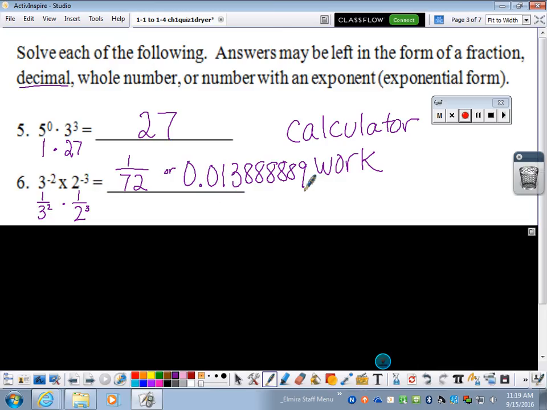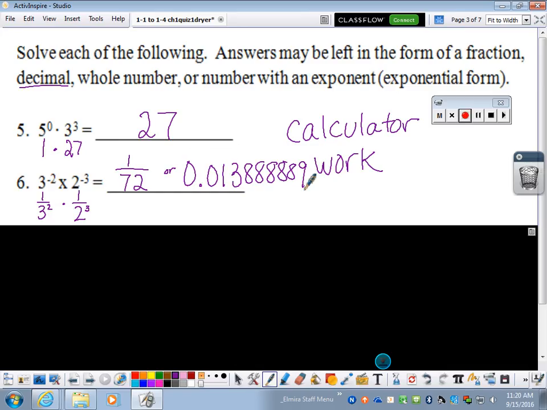Now let's talk about this for a minute. This is important. It looks like just a really long decimal that's 0, 1, 3, 8, 8, 8, 8, 8, and then 9. And depending on the calculator you're using at home, you may see more 8s in the middle between the 3 and the 9. Depends on the kind of calculator you're using. But I need you to understand what's really going on here.